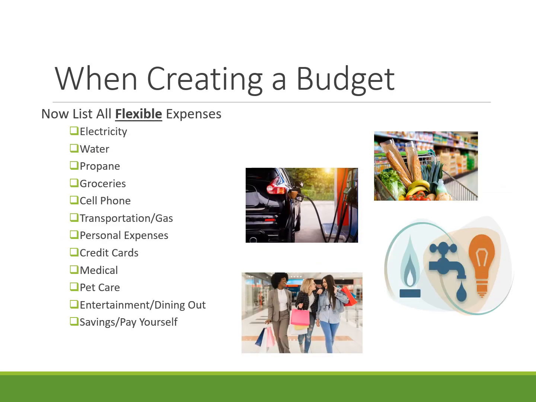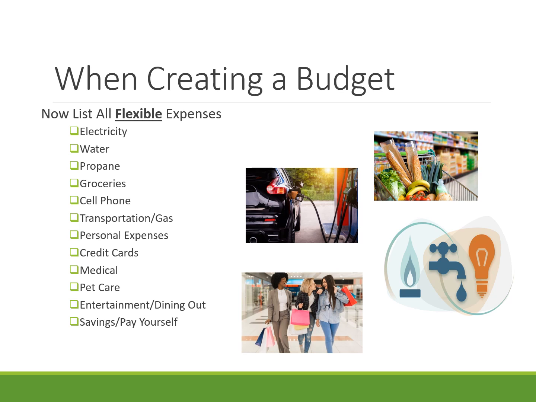After you go over everything, including your income and your fixed expenses, it's suggested that you also sit down and list out all your flexible expenses. And these are expenses that we know change from day to day, week to week, or month to month. And that includes things like your utilities, electricity, propane, groceries.